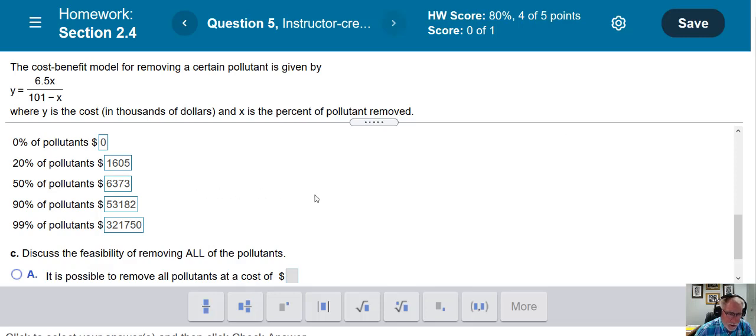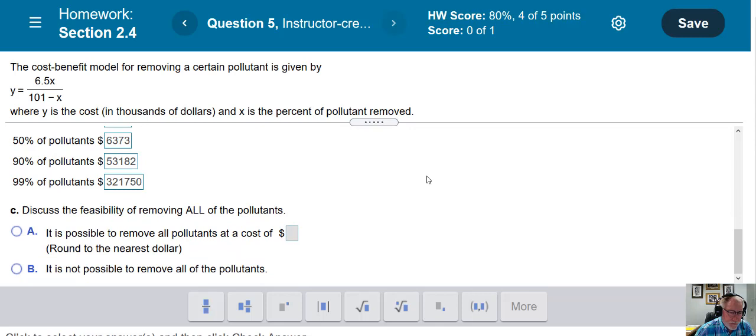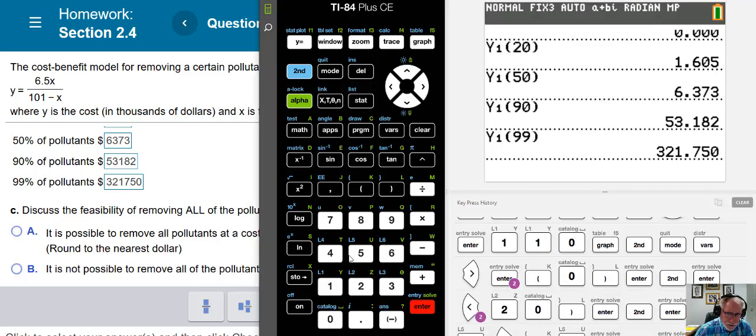Now, the final part of the problem asks us to determine the feasibility. Feasibility means, is it possible? So you got two choices. Either it is possible or it's not possible. All you have to do on your calculator, again, is use 100%. Can you remove 100%?